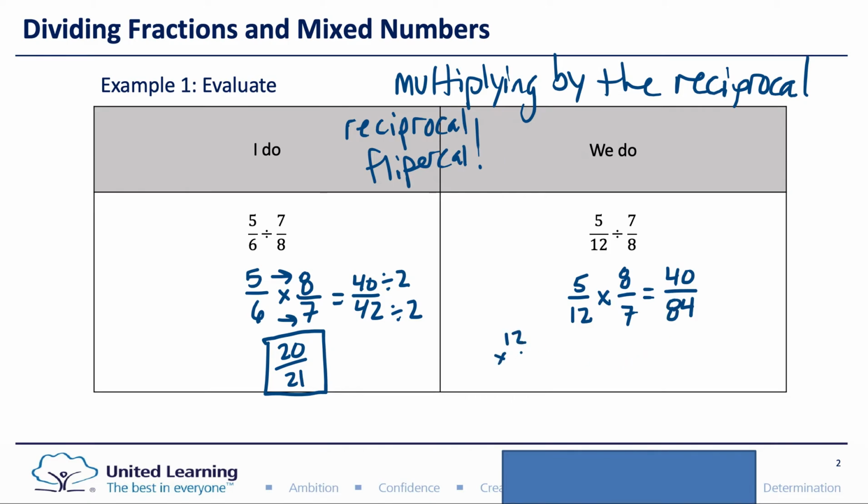Let's just double check that. 14, yeah, 84, perfect. Okay, and then I want to divide. I'm noticing that there is a common factor of 4, so I'm going to divide by 4 to get 10 over 21. Again, no factors larger than 1 that they have in common, so that would be your final simplified answer.